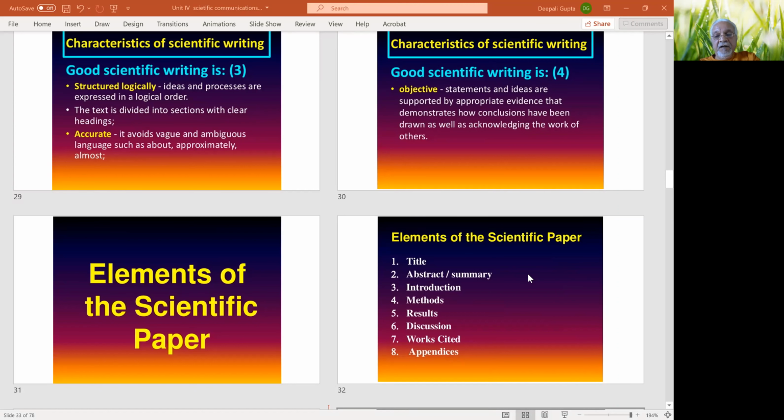That comes as work cited or references, and then any appendix if you have to give.